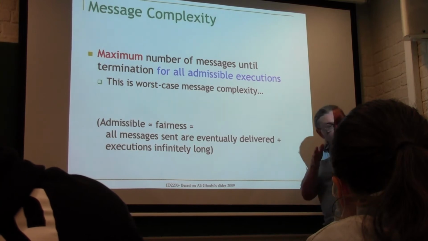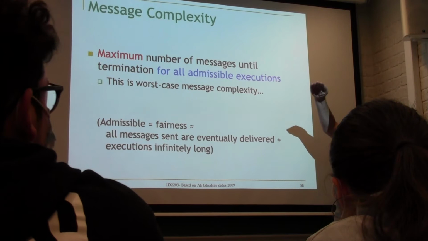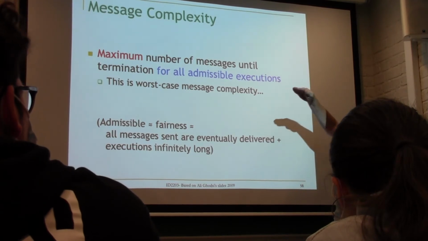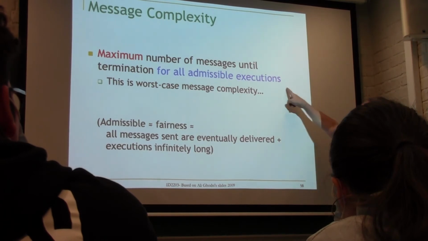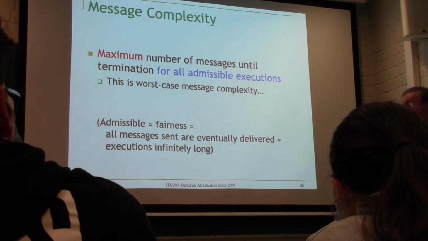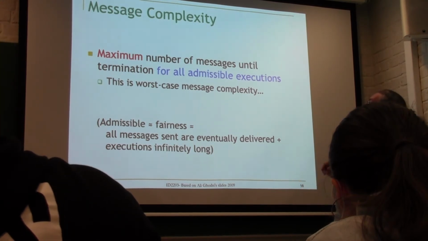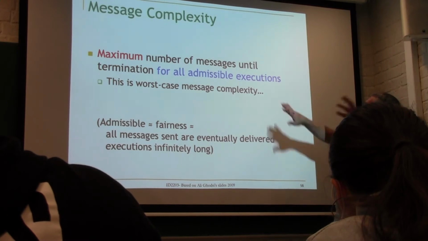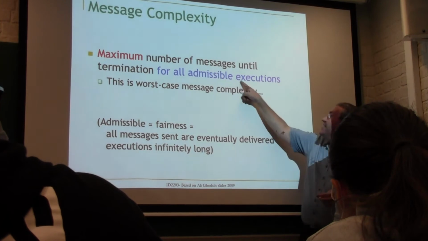The big O notation gives you an upper bound. Remember big O. So this is also an upper bound, worst case. Admissible means fairness. That means all of the nodes are working, all the messages are arriving, and you do all the executions. So the causality can be different for these messages.